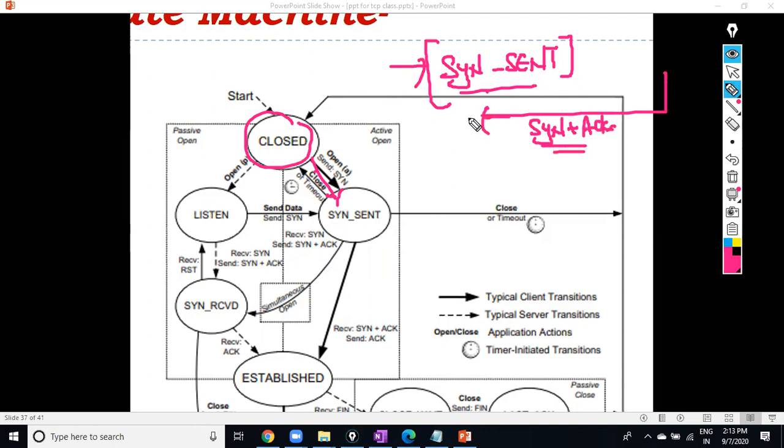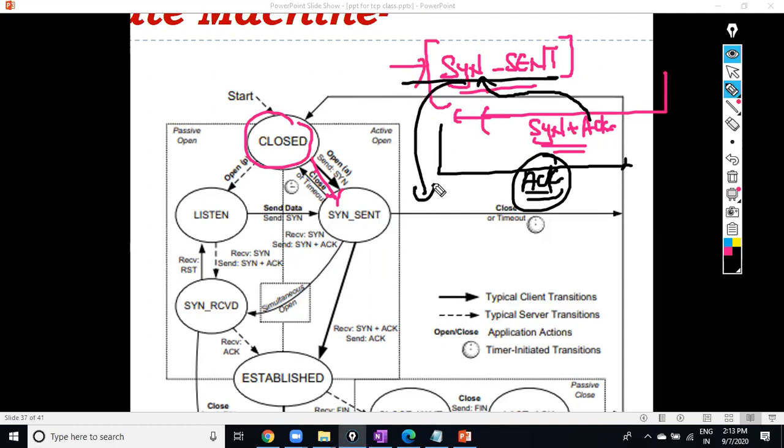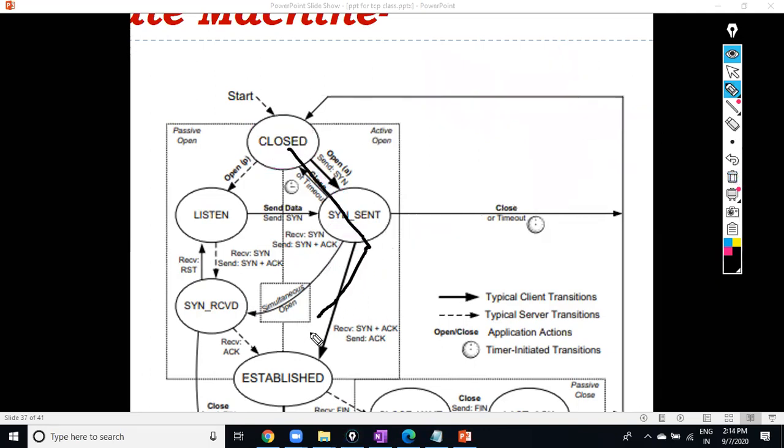When I receive the SYN plus ACK, this ACK is for this SYN here. After that, I'm sending an acknowledgement again, and now I change from the SYN sent state to the established state. So this is the concept.